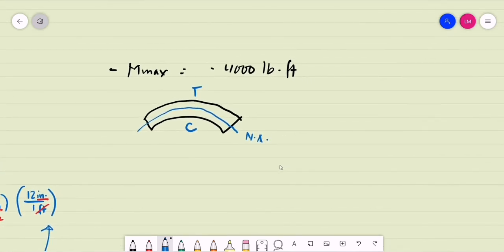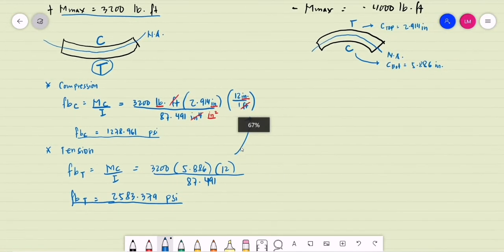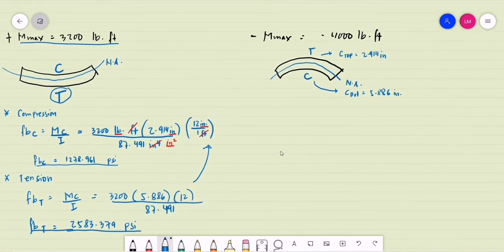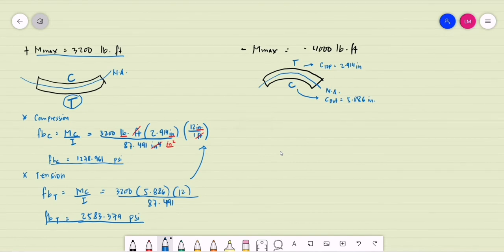So for tension, we are using C from the top this time. That is the 2.914 inches. For compression, that is the C from the bottom of the beam, 5.886 inches. So we are just using opposite values compared to the maximum positive moment.